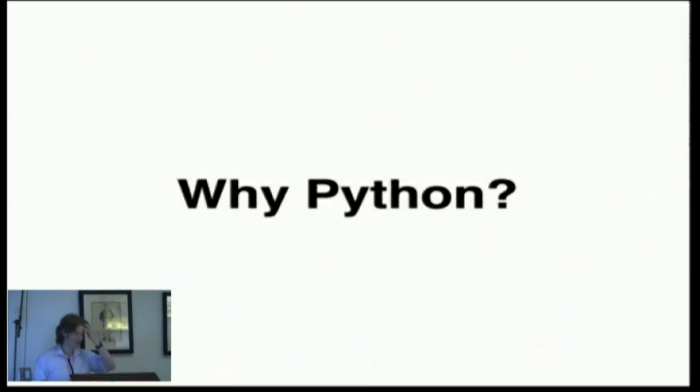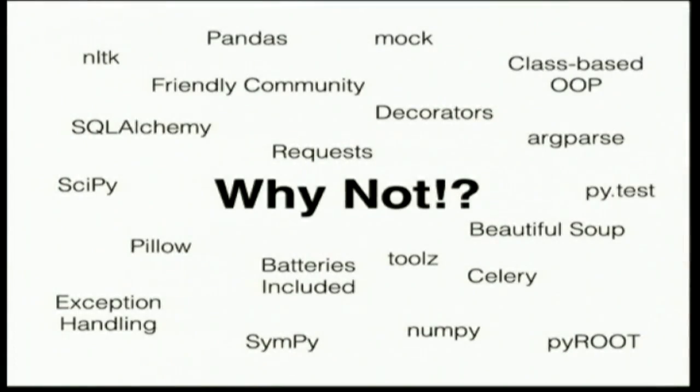So why Python? If I'm just imitating Node and JavaScript, why Python? Why not? Do you see something up there that you like? Maybe you do, maybe you don't, but there's a lot of reasons to like Python. If it's not libraries, then I don't know.